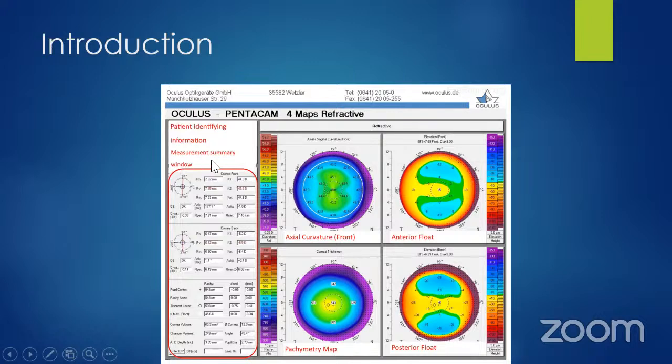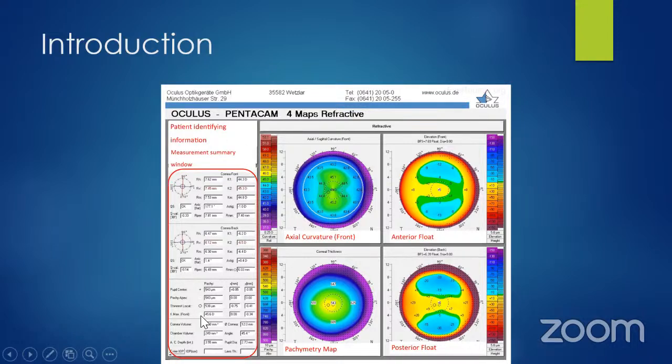First of all, as we discussed last time, we should look at the age of the patient. Date of birth would be there because we are comparing it with an age-related normal database. That will give you an idea about the age of the patient and the likely diagnosis, depending on whether it would be keratoconus that you're thinking about or anything else.